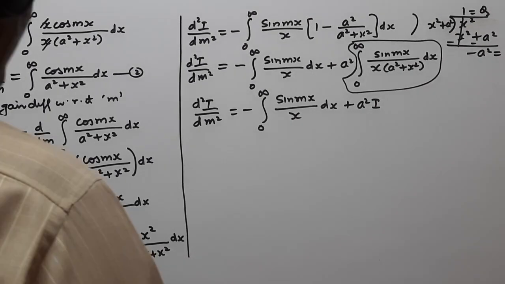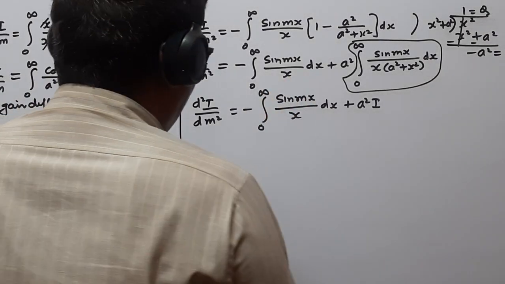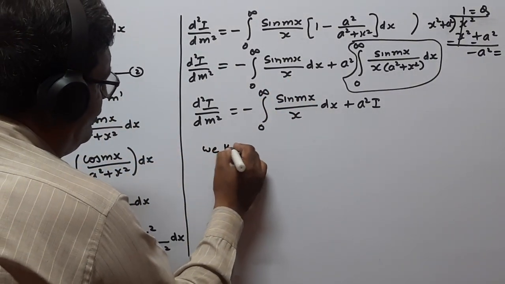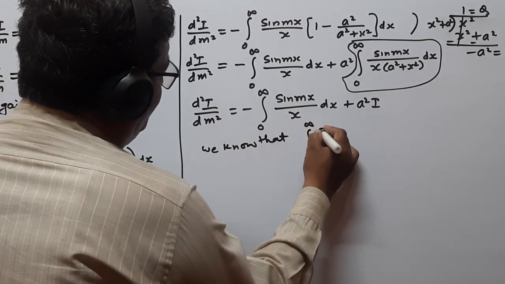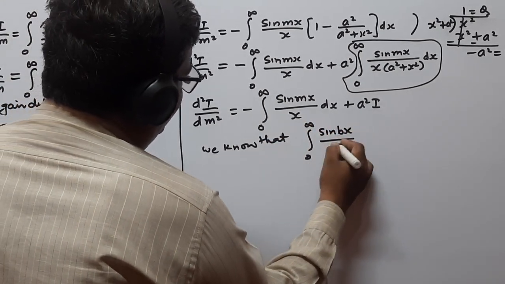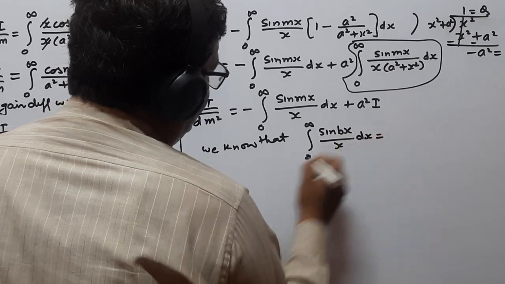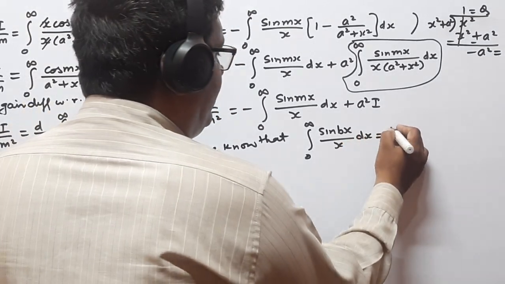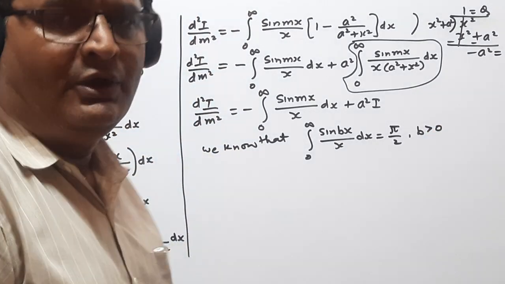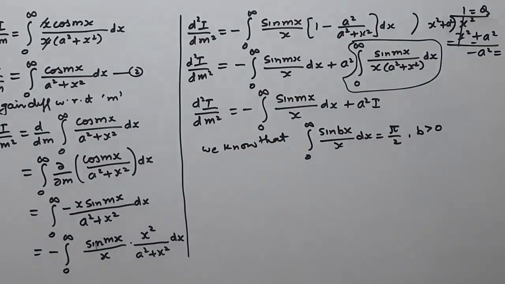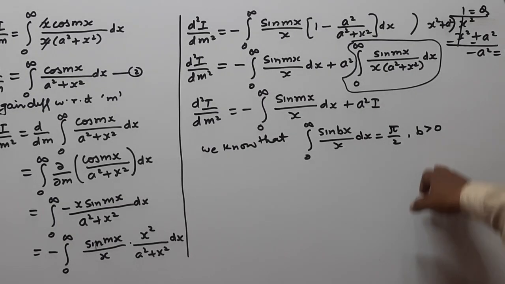Now we know that the integral from 0 to infinity of sine bx upon x is equal to pi by 2 when b is greater than 0.